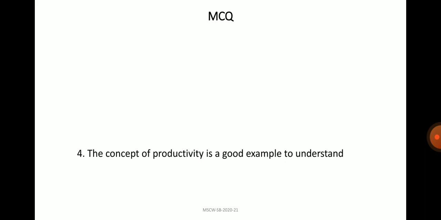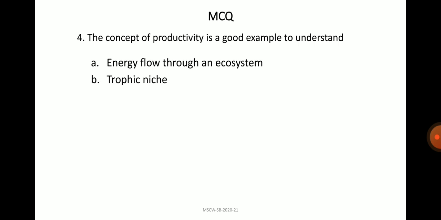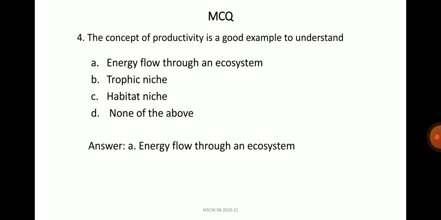The next question, the concept of productivity is a good example to understand: options are A, energy flow through an ecosystem, B, trophic niche, C, habitat niche, and D, none of the above. The answer being option A, energy flow through an ecosystem.